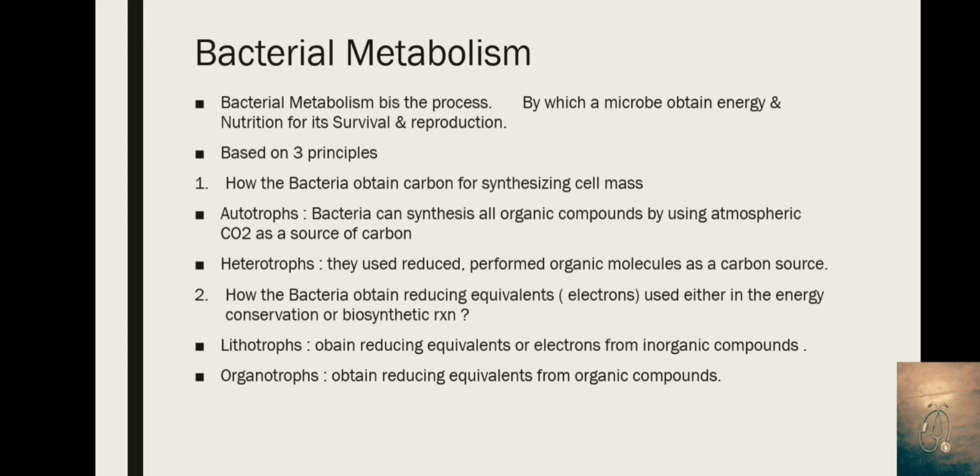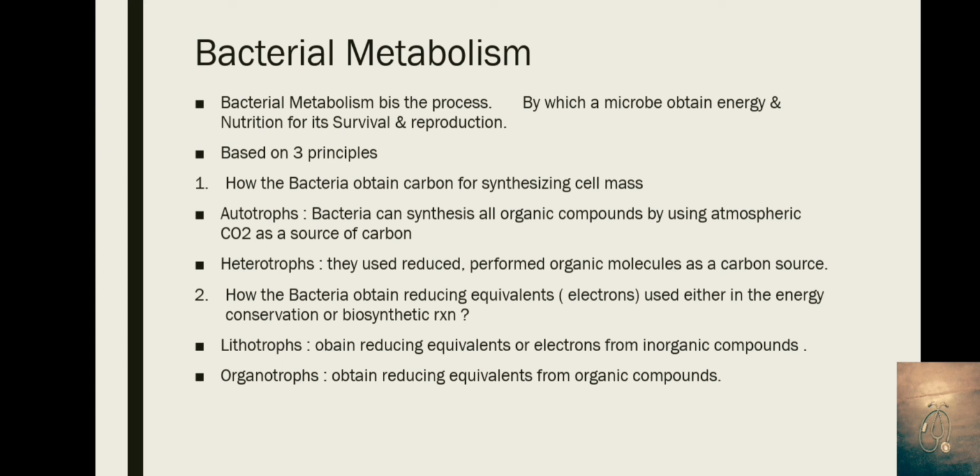It's based on three principles: how the bacteria obtain carbon, how the bacteria obtain electrons, and finally, how the bacterium gets energy. First, how the bacterium obtains carbon for synthesizing cell mass. We will see autotrophs and heterotrophs. In autotrophs, bacteria can synthesize all organic compounds by using atmospheric carbon dioxide as a source of carbon.